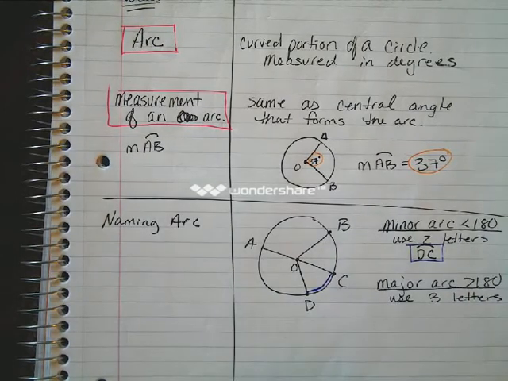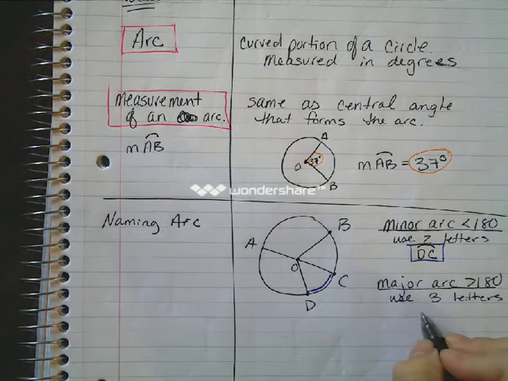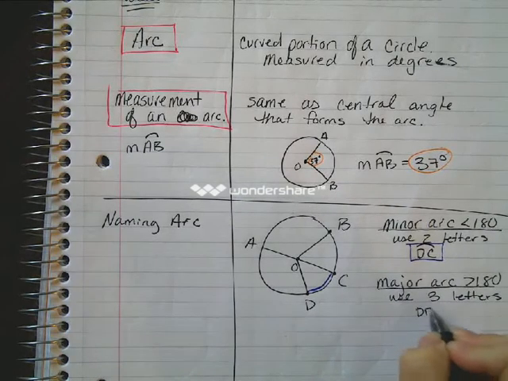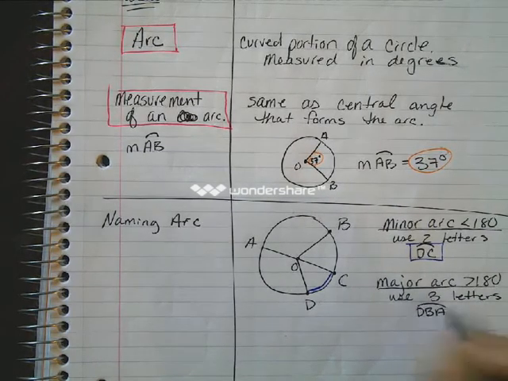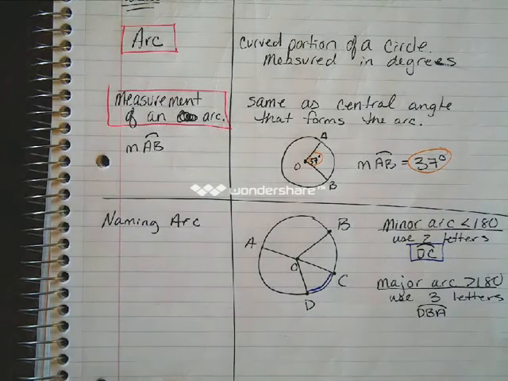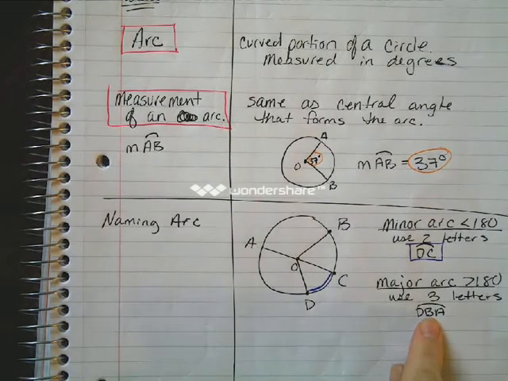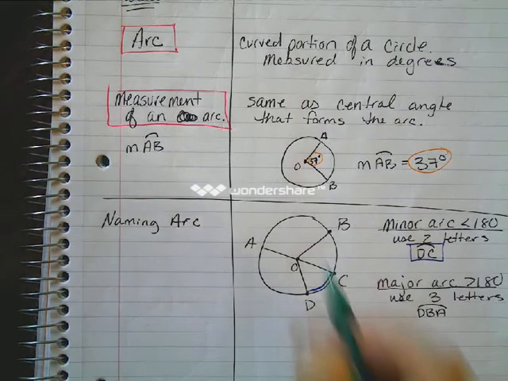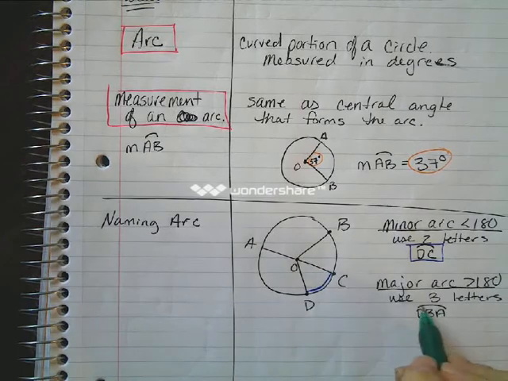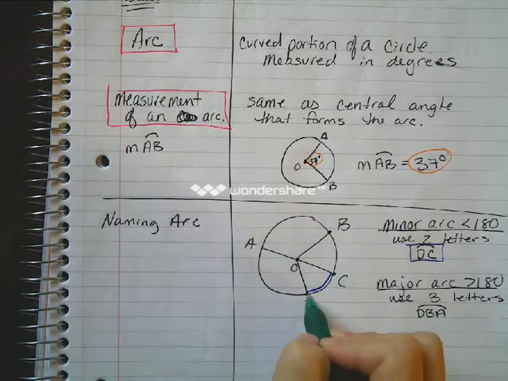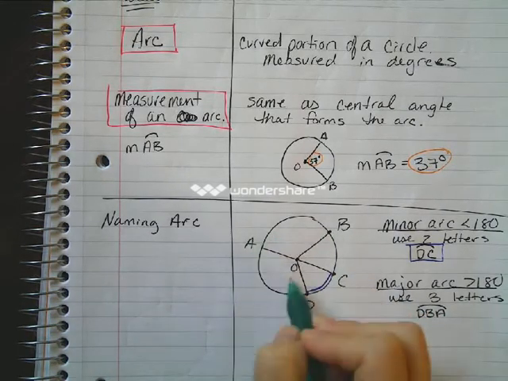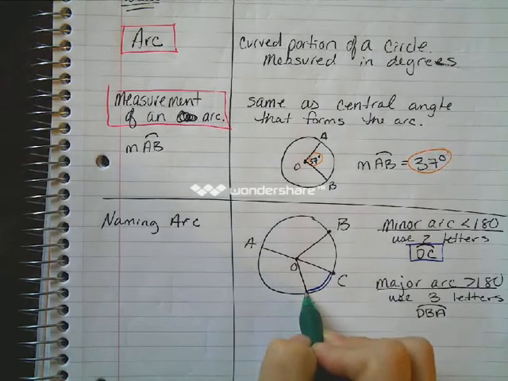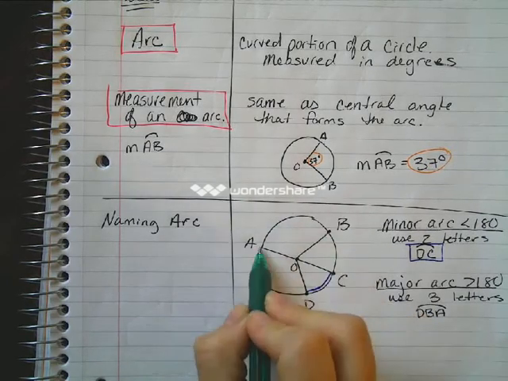And this arc, I did see 1 or 2 people on the test, and some of you had to correct it when you corrected your test or retook it. When you marked this arc, you didn't realize it was an arc. An arc goes along the outside of a circle. So I had some people going D and then across the circle to B and then over to A. This is not an angle. If you see that arc symbol, or if it says arc before it, they are talking about the curved portion of the circle.